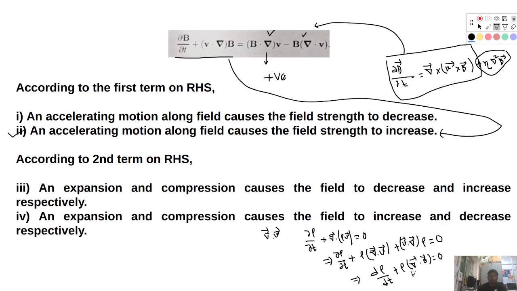So let's say you have divergence of V greater than 0, that means this term is positive. If it is positive, then D rho Dt will have to be negative, which means your density is decreasing with time. Density decreasing with time means it is an expansion.